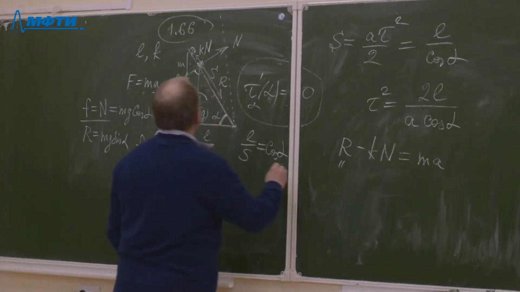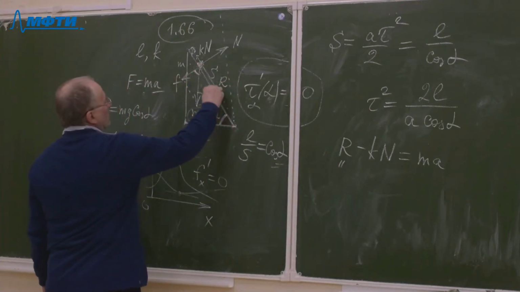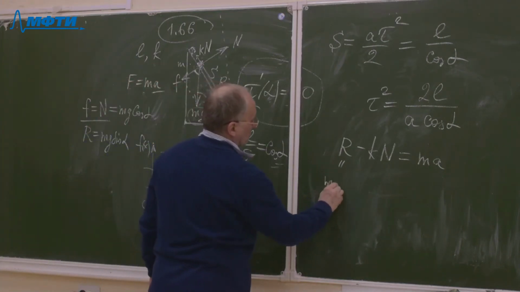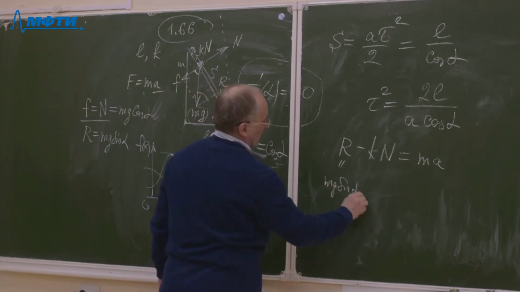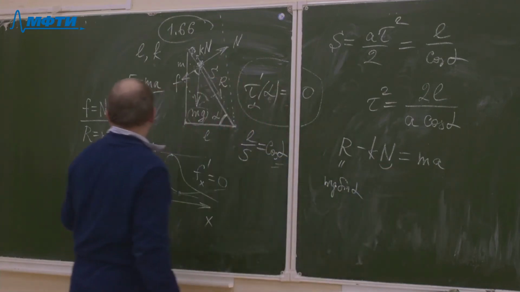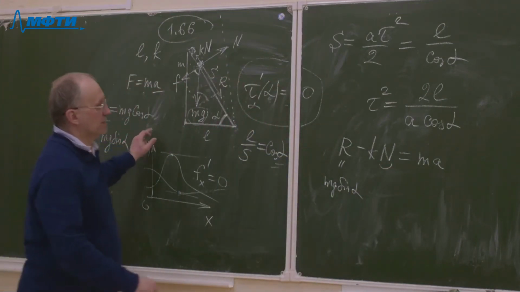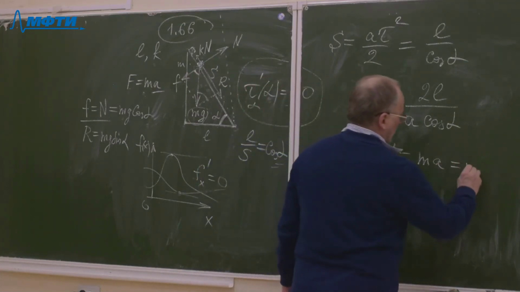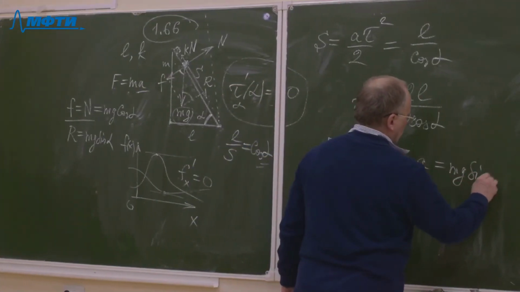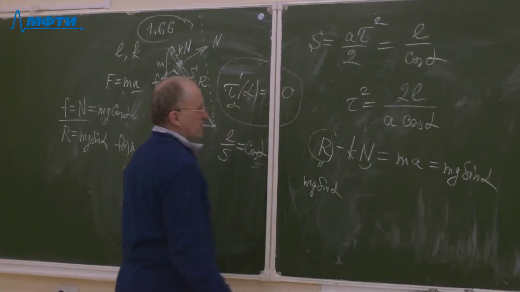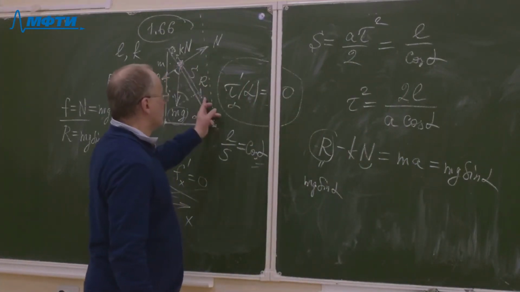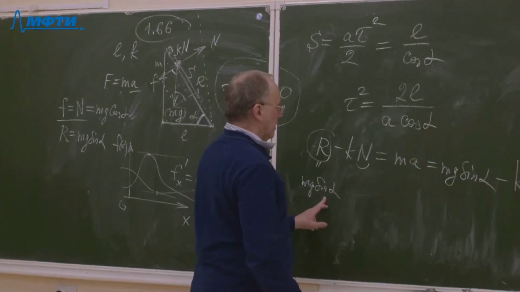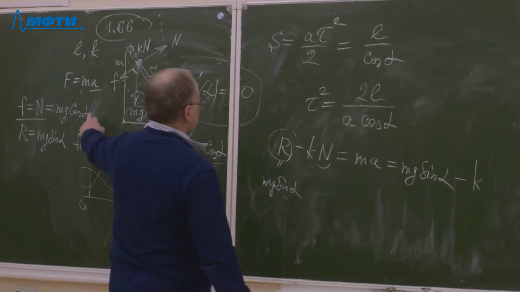And this R is equal to the weight of the body times sine, mg sine alpha. And this N is defined here as mg cosine alpha. So we can write down mg sine alpha, this is the force R directed downward, minus the force of friction, coefficient of friction, mg cosine alpha.